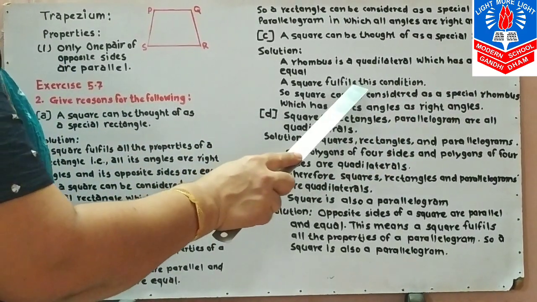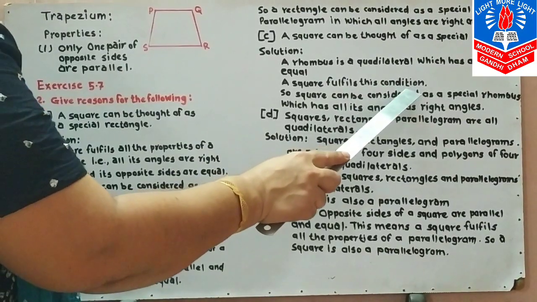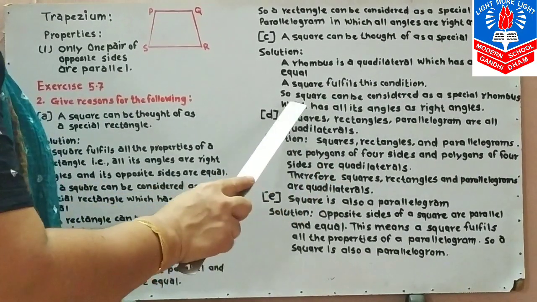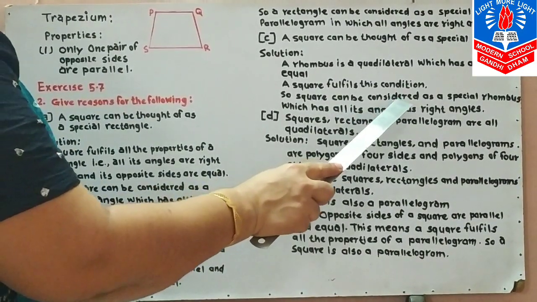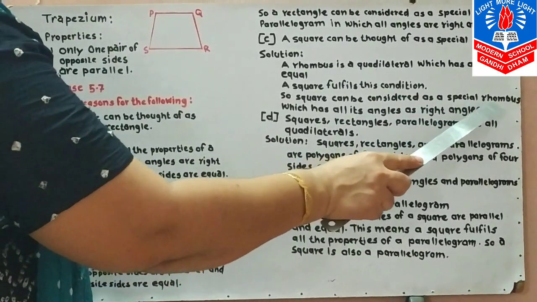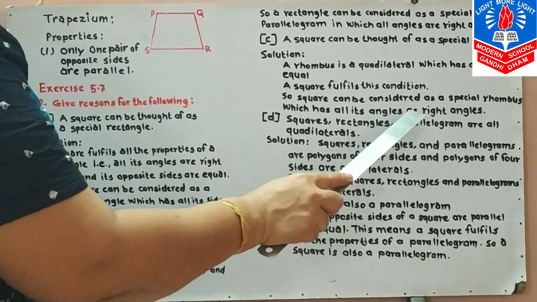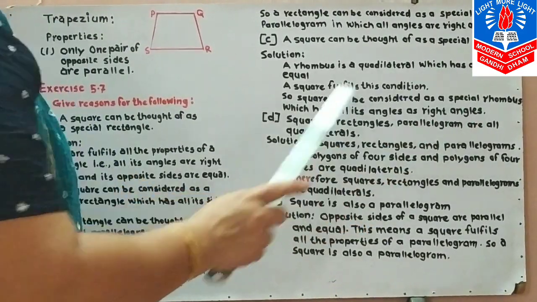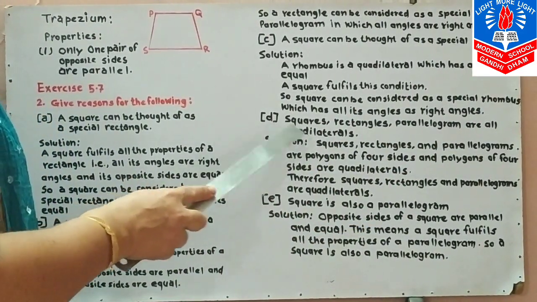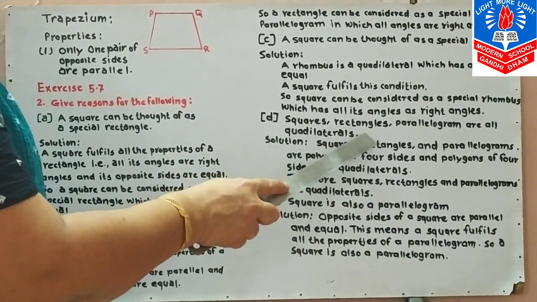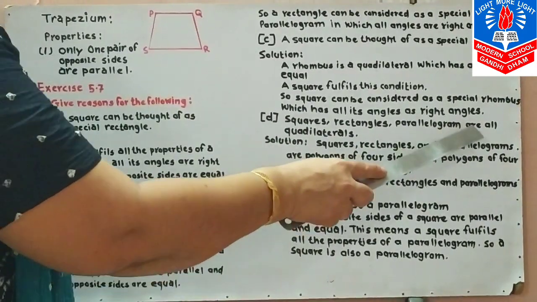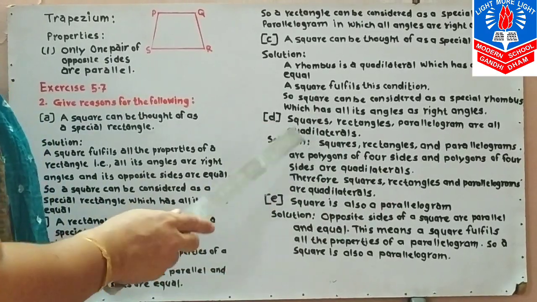A square fulfills this condition, so a square can be considered as a special rhombus which has all its angles as right angles. Then D, squares, rectangles, parallelograms are all quadrilaterals.